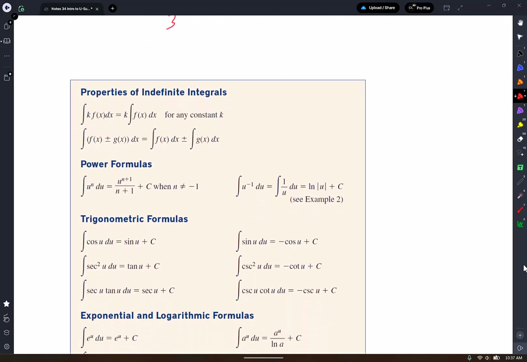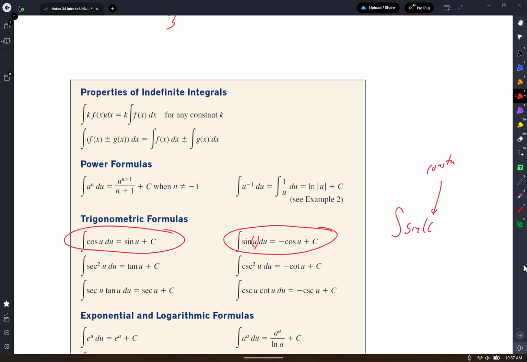Let's add two. Let's put a linear expression inside the argument here. So I'm going to write the integral of sine of, what letter do you like, k or c?